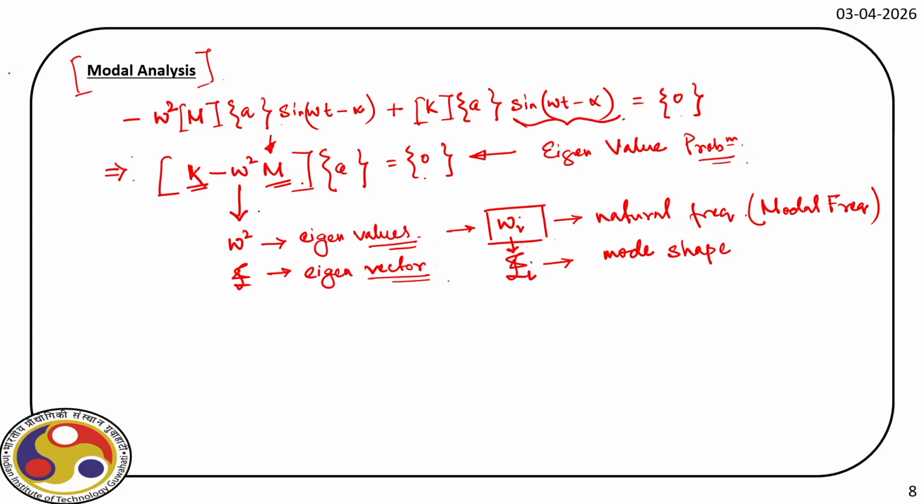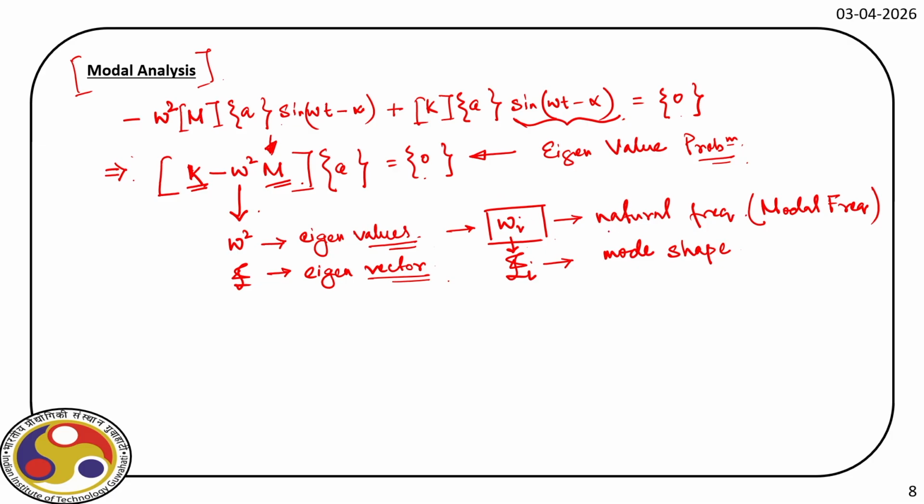So for this modal analysis, we have to define the mass and stiffness matrices, and then do the eigen analysis based on them. The eigen solution will give omega square.